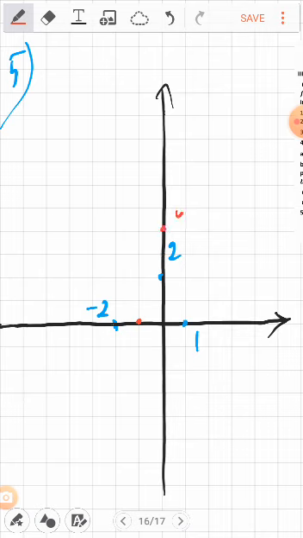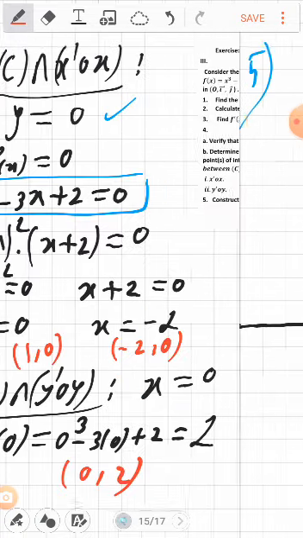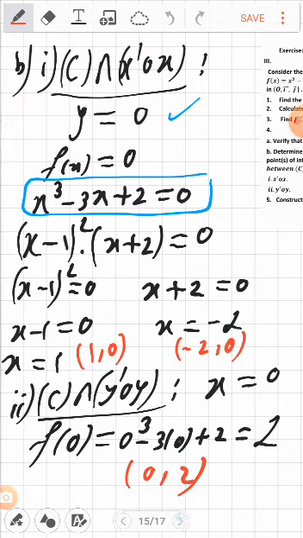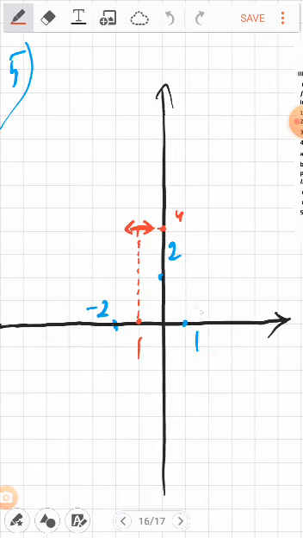This is 4. Here, minus 1, 4 is the point of local maximum. And the next point, 1, 0. This point, 1, 0, is a local minimum.